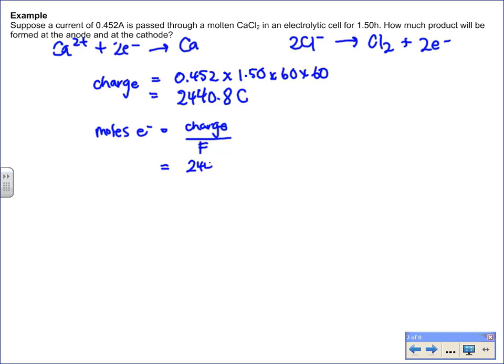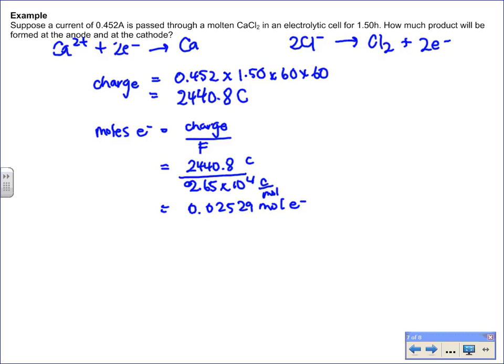So you've got 2440 divided by 9.65 times 10 to the 4 coulombs per mole, and that will give us the moles. In this case, 0.02529 moles of electrons. That's the number of moles that were transferred during the 1.5 hours.